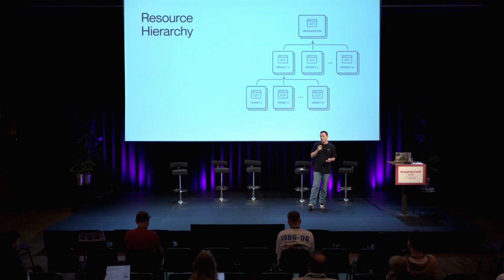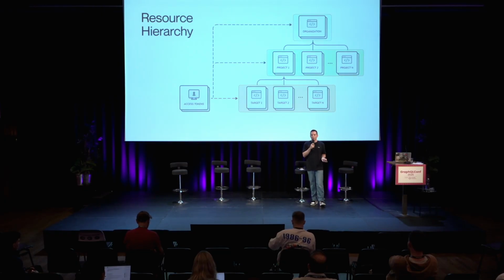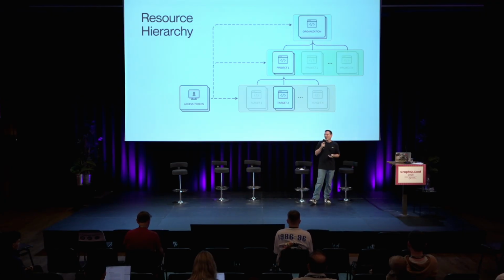analysis, and so on. And we already had these access tokens for the CLI because you publish your schema to the target. But now what people wanted is, we also want to manage projects and organizations and everything in between. And then they also wanted to only allow managing specific projects and targets, and maybe only the organization, and only allow read access to the users in the project, and so on.